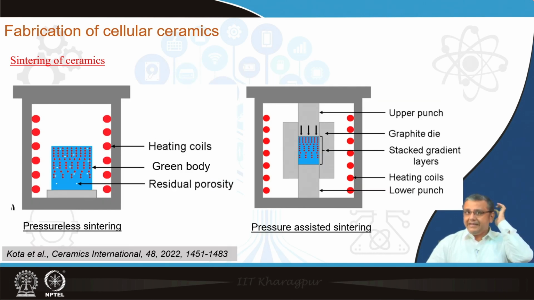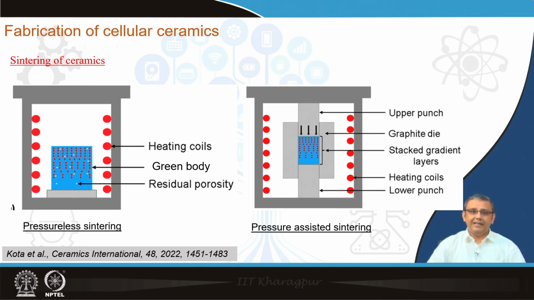So, a basic graphical differentiation between pressureless sintering and pressure assisted sintering is shown in this slide. As I already mentioned, in pressureless sintering you do not require any pressure. The green body is put under some atmosphere if required, as for carbides and nitrides, and then the material is heated to the required temperature, held there for a pre-established amount of time, and then cooled down to room temperature.